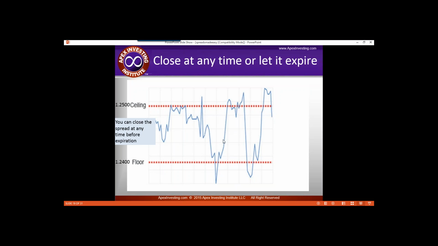You can get out earlier and save some of that. Or remember the example where we bought right here at 24.10? Well, you only have $10 at risk. If you've only got $10 at risk from 24.10 down to 2400, are you worried about a stop loss? No, you're just going to leave it. You don't want to close that out because it could come back up, right? It's only $10 at risk.